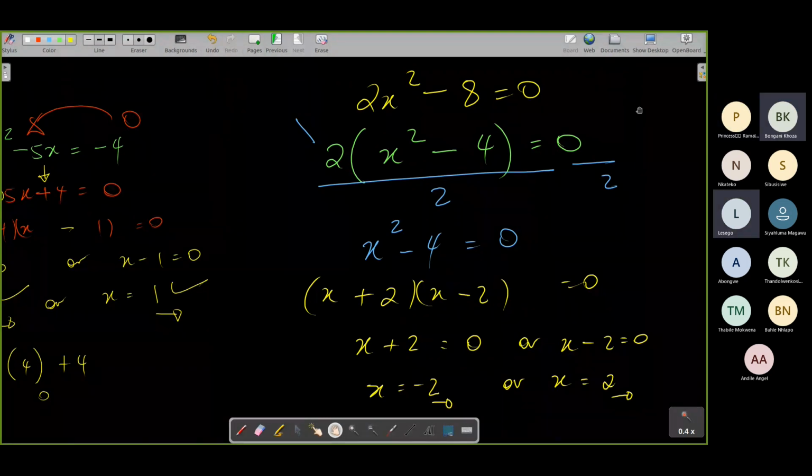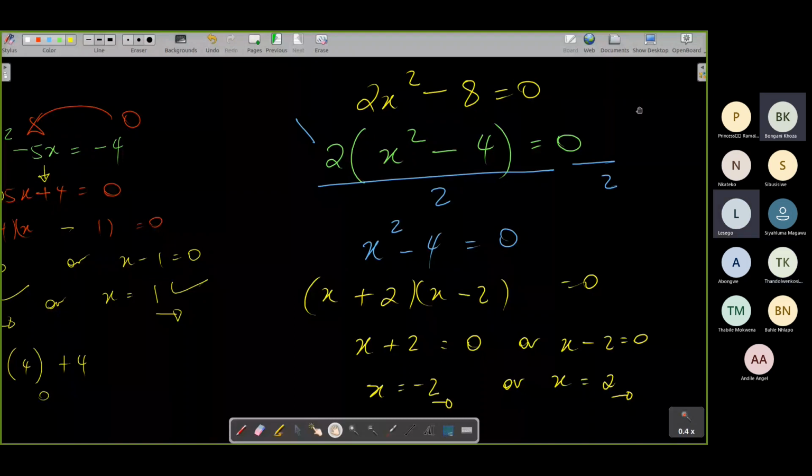Listen, you say 2 times 8, and then we'll be left with x squared minus 16 equals 0. Then we find factors of 16, which are 4 and 4, and then divide by that 2. Then we have x minus 2, x plus 2, and x equals 2 or x equals minus 2.